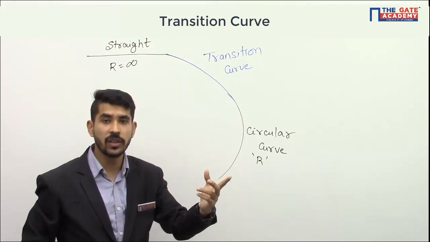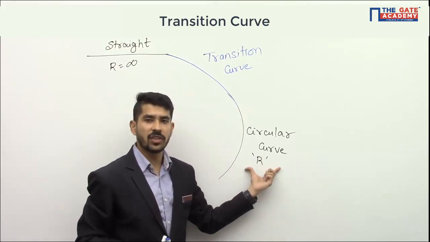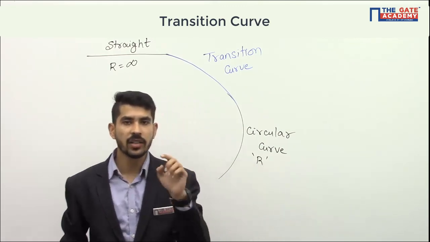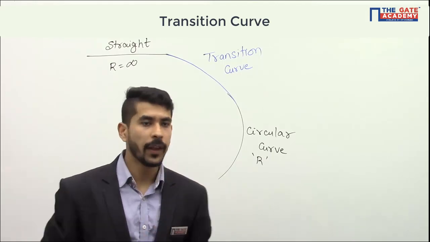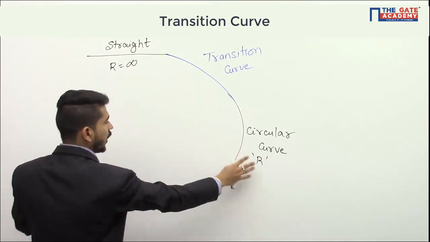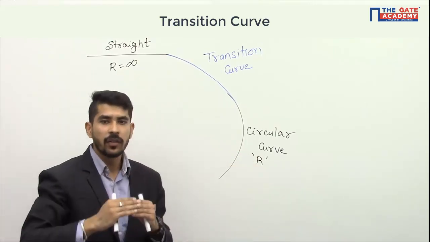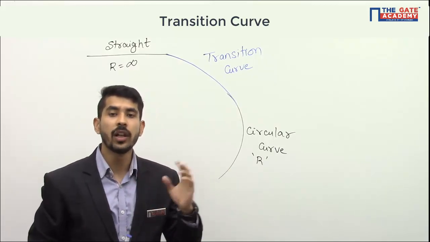Now what is the purpose of this? On the circular curve there is an effect of centrifugal force, which will act on the vehicle. Since we are gradually decreasing the radius from infinity to a finite value r, we are slowly increasing the value of centrifugal force.